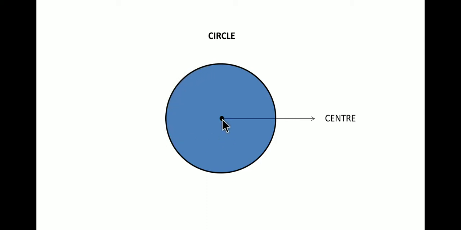So the distance from this point to this point, let's say, or from here to here, or from here to here, anywhere in the circle is always equidistant from the center. It means the distance between the center and that particular point in the circle is always equal.